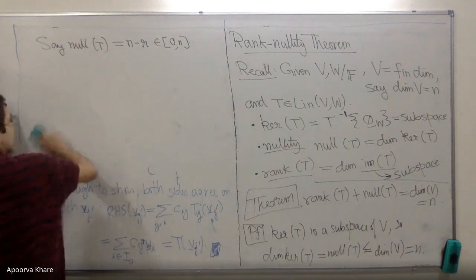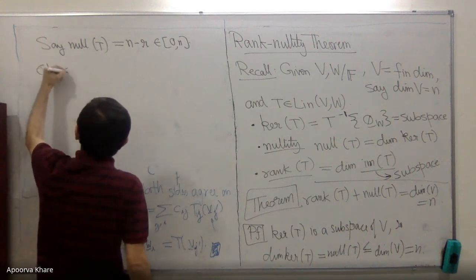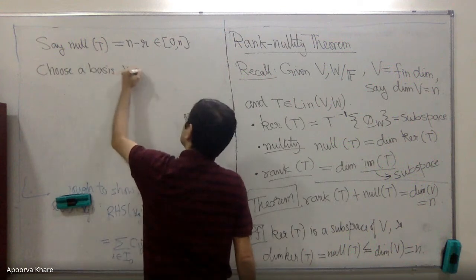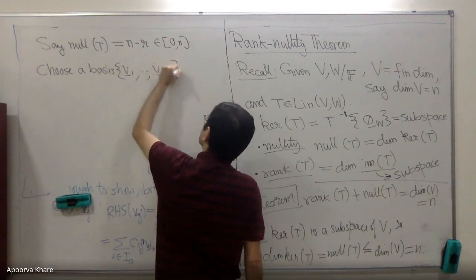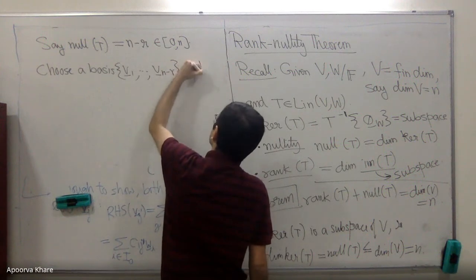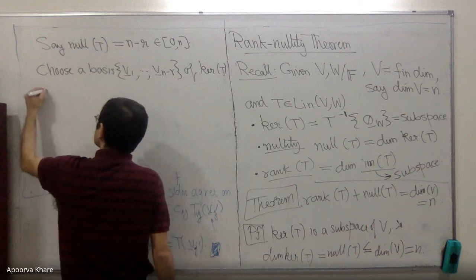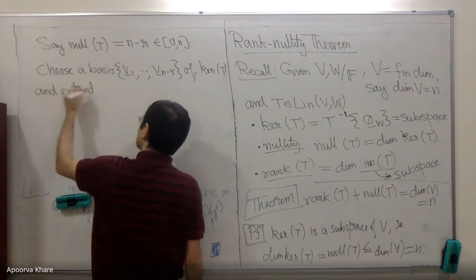That means that there is a basis. So choose any basis v_1, ..., v_{n-r} of the kernel of T and extend. This is where we use all these things we have proved already.